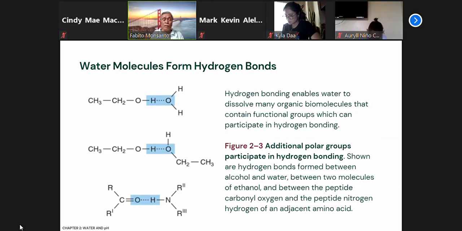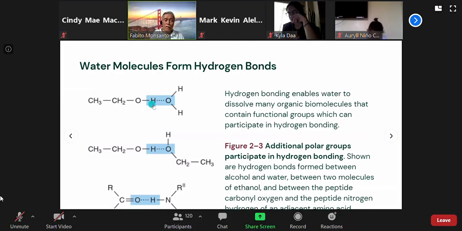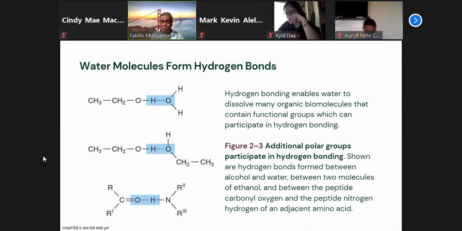Water molecules form hydrogen bonds with other molecules. Now, what is this molecule here? Huh? This is your favorite. Ethanol, right? Ethyl alcohol, the drinkable alcohol.